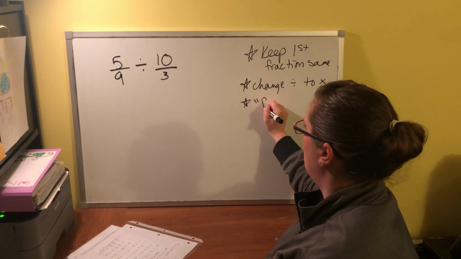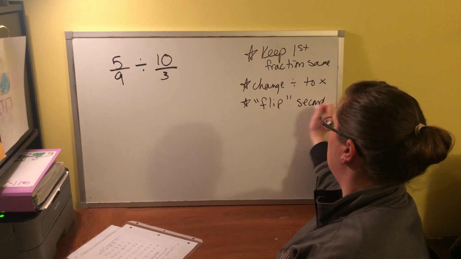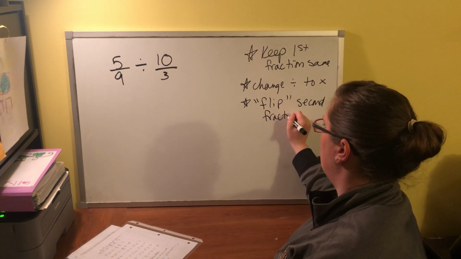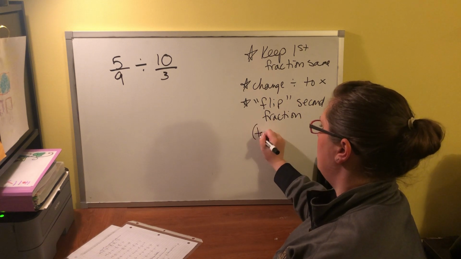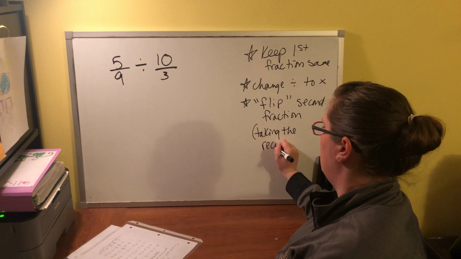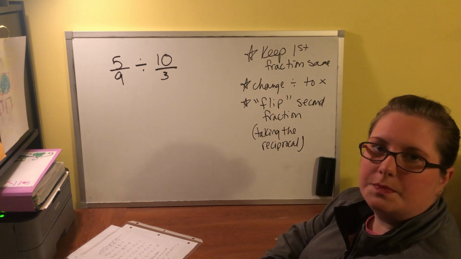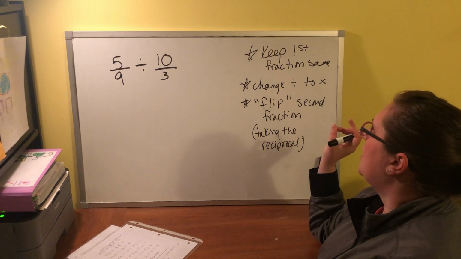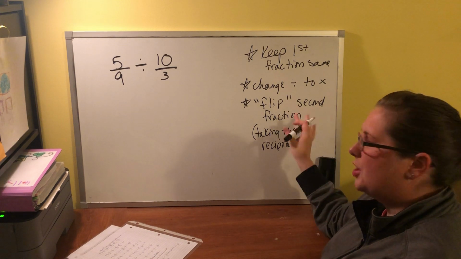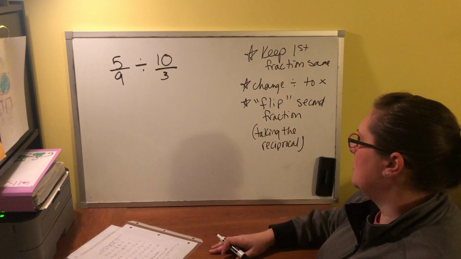Then you want to flip your second fraction. This is also known as taking the reciprocal. Okay, so you're going to keep the first fraction the same, change division to multiplication, and then flip the second fraction, which means taking the reciprocal.